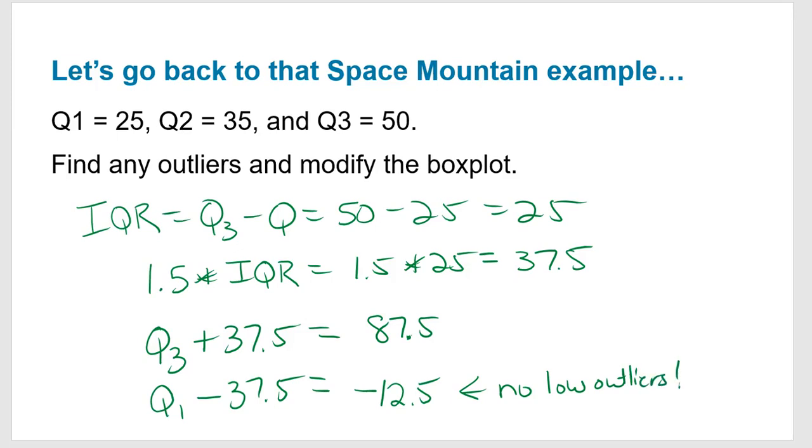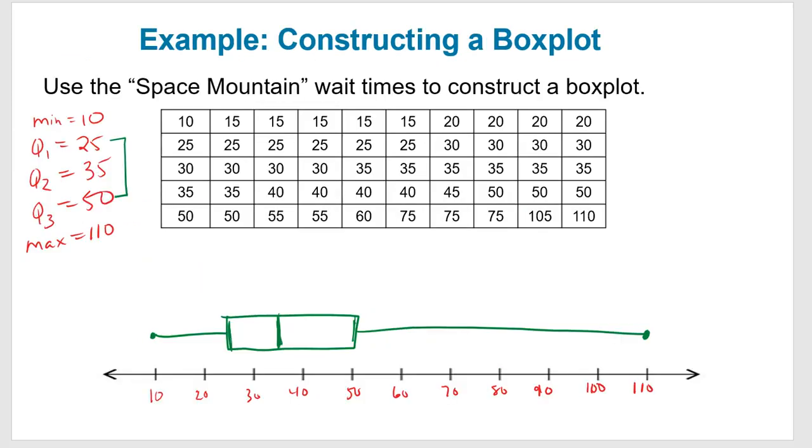On the low end, we are not going to have any outliers, but we're going to have some on the high end. So I'm going to go back to that slide where we talked about that box plot. So here we go. Anything above 87.5 would be right here. So these two data values are outliers. There's an outlier at 110, so I'm going to put an asterisk instead, and there's an outlier at 105. The last data point that is not an outlier is 75, so 75 would be here.